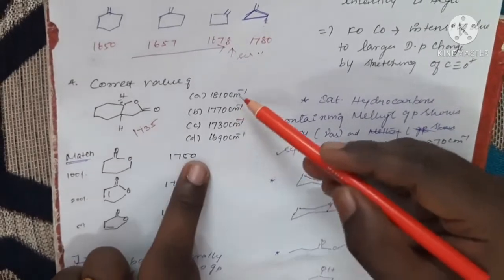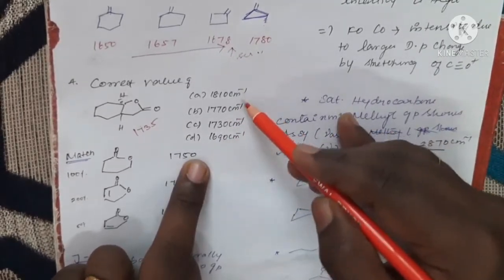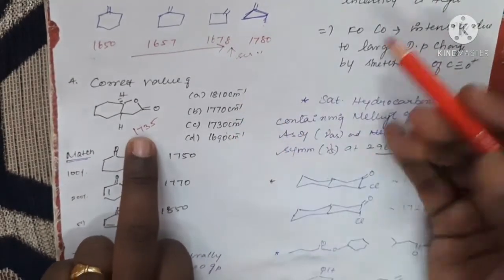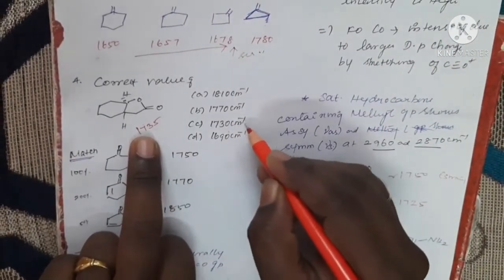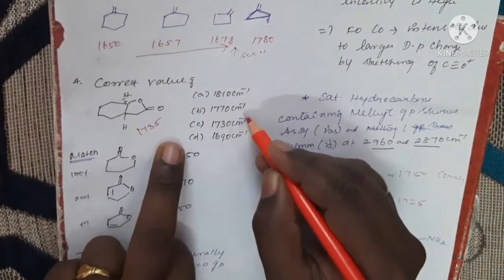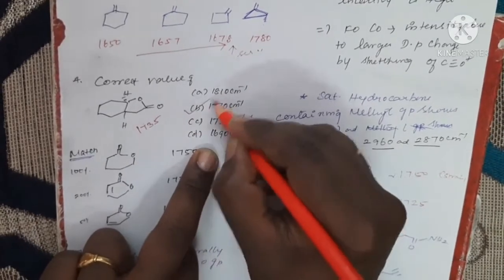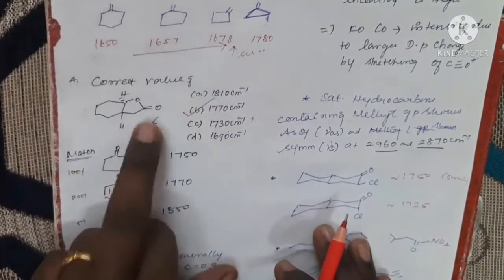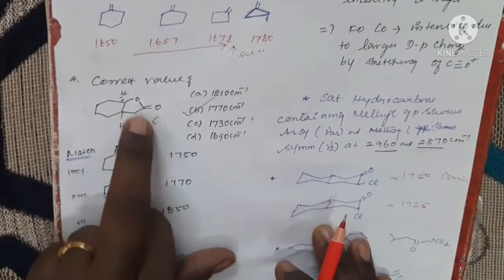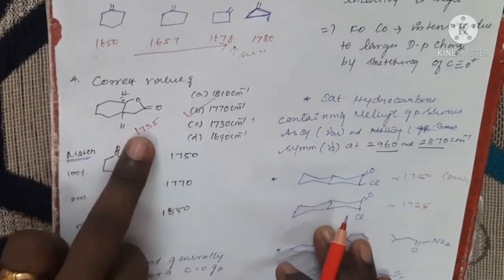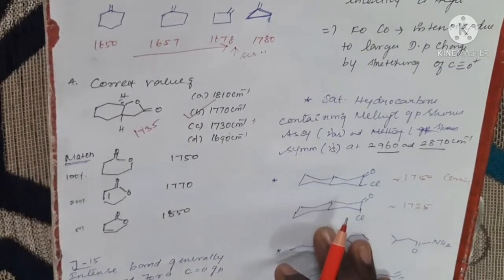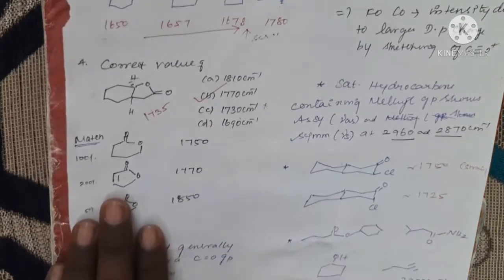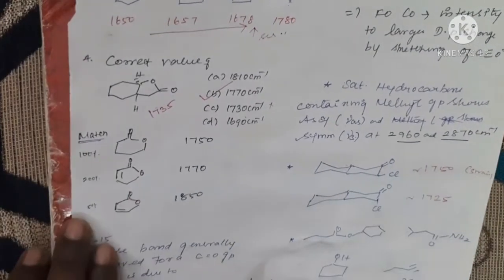Among the values, which one is greater than 1735? Here two are given, 1730 and 1770. 1730 is not the case, and this is the answer, 1770, because as ring size decreases, the value increases from 1735 and does not go far beyond. That is how we have to arrive at the answer.